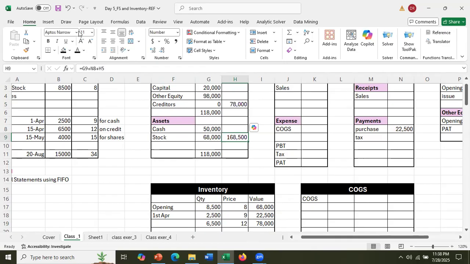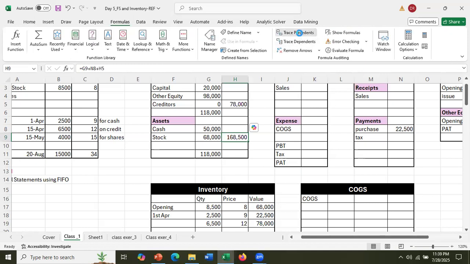The inventory was 68,000. Now the inventory is 168,000. So acquisition of inventory resulted in decrease in cash and increase in creditors.